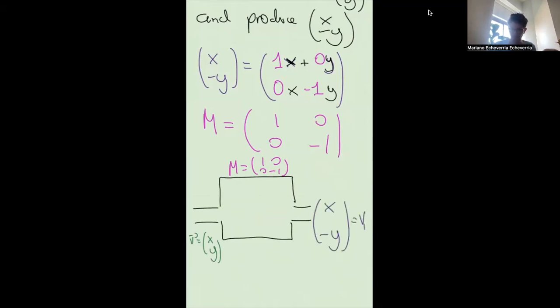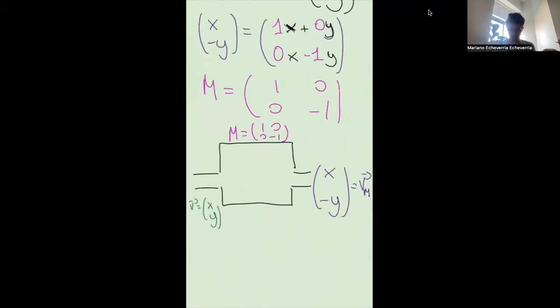The other way in which it will be written, suggesting some sort of matrix multiplication, is as M times V.